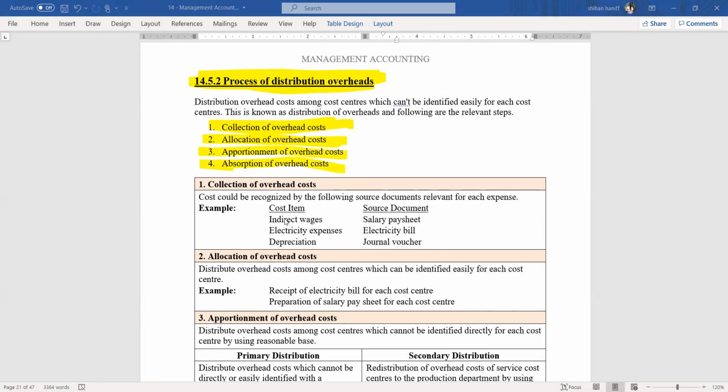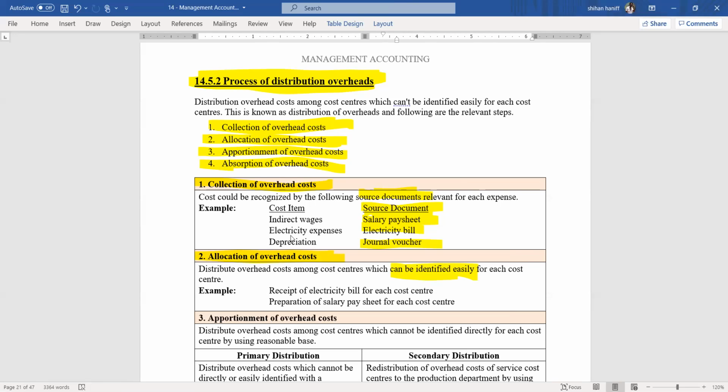So collecting means we collect the overhead cost using the source documents, salary sheet, electricity bill, general vouchers. We collect the source documents, right? Then we allocate. Allocate means if you can directly identify, if you can easily identify, we allocate them to the relevant department.